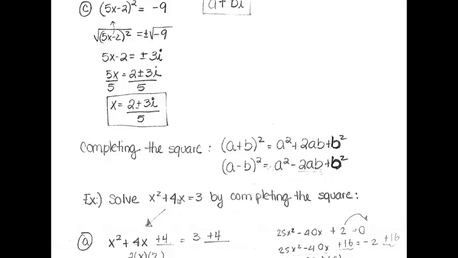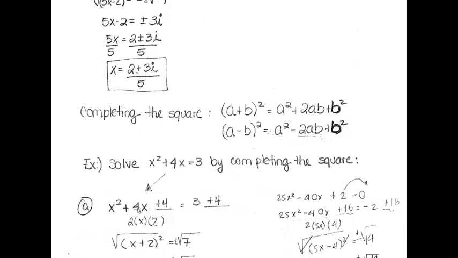I have x squared plus 4x equals 3. I'm going to keep the 3 on the other side, and I'm going to try to complete this square. If you notice, the middle term is 2 times the square root of the first, and to complete the square, what number would have to be over here?